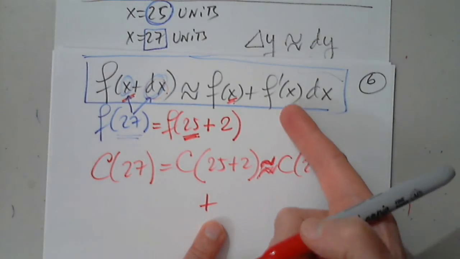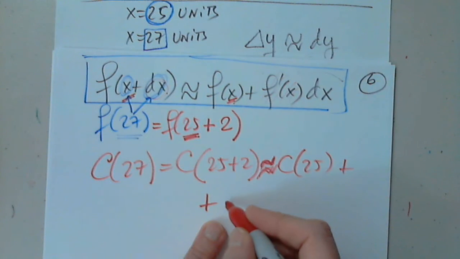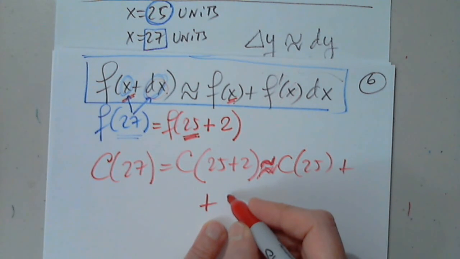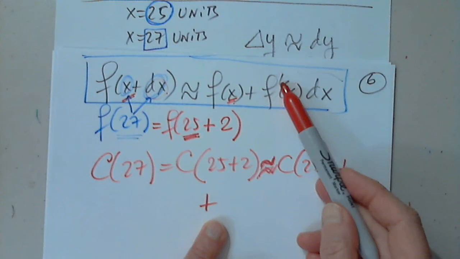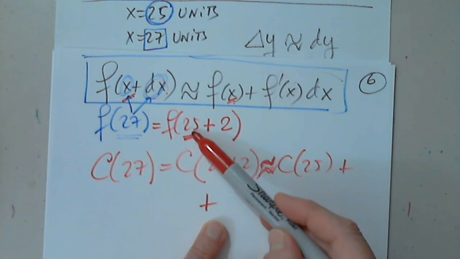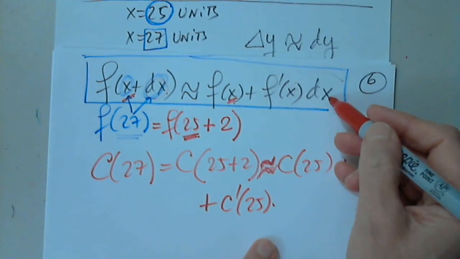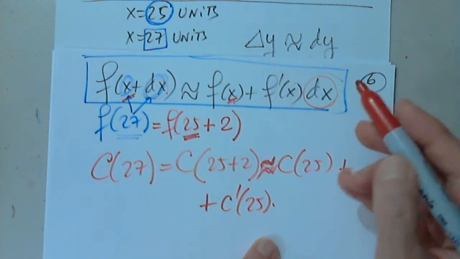What do I replace this by? c prime of 25 times 2.